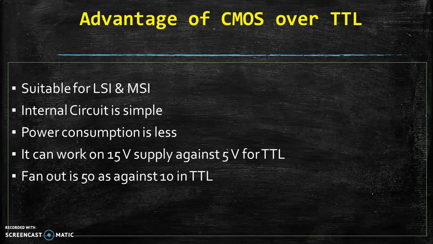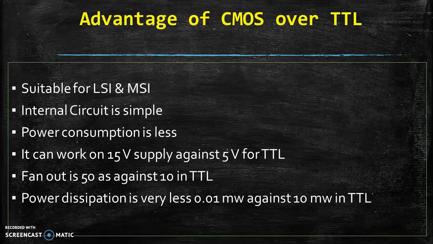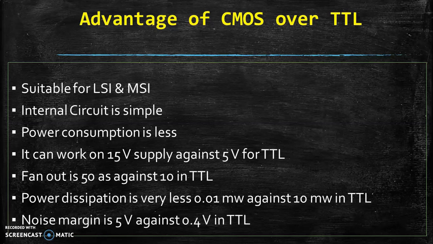Fan out is more, almost 50 compared to 10 in TTL. Power dissipation is very less, 0.01 milliwatt against 10 milliwatt in case of TTL. Noise margin is high, 5 volt against 0.4 volt in TTL.